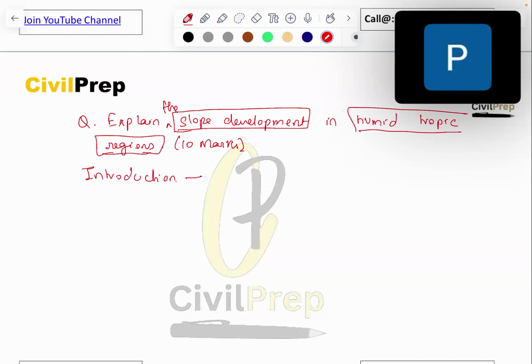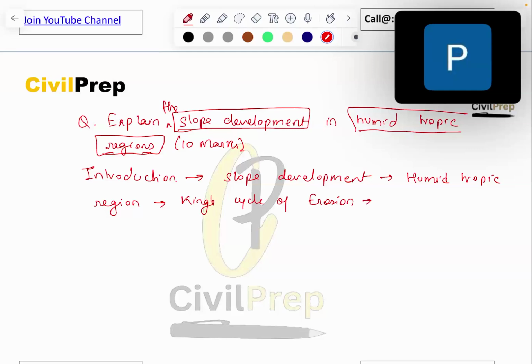So when I'm talking about slope development in humid tropic region, I am basically referring to King's cycle of erosion.